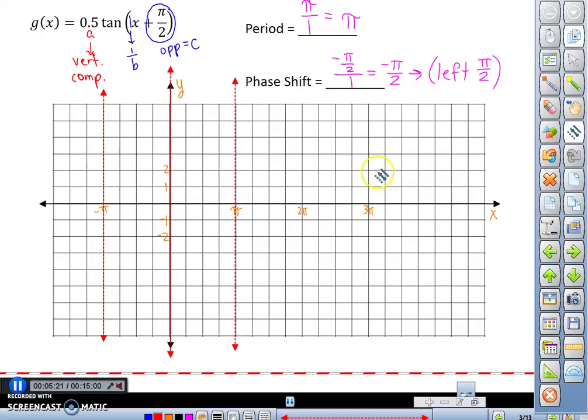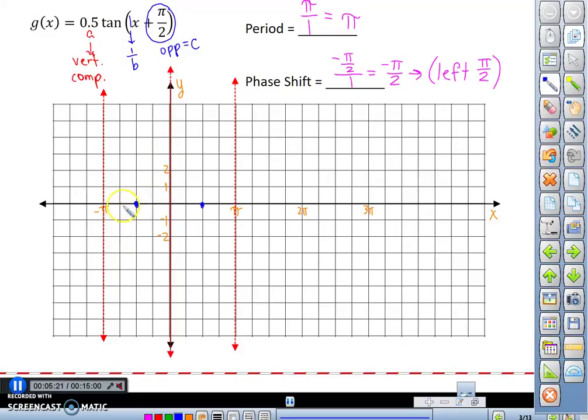second cycle I'm graphing. All right, halfway between each of those is going to be an intercept point, a y value of 0, and we have no k value to move it up or down from there. So we have these intercepts here and here. Now graphing tangent, remember left to right, the first y value is negative 1, and then the second one is the positive 1, so it moves this way.